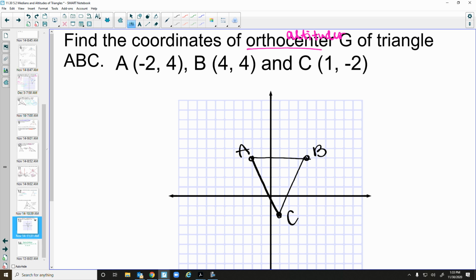So the only way to find that orthocenter is to find where two altitudes intersect. You only have to do two because two lines intersect in exactly one spot. So wherever those two intersect, the third one has to.